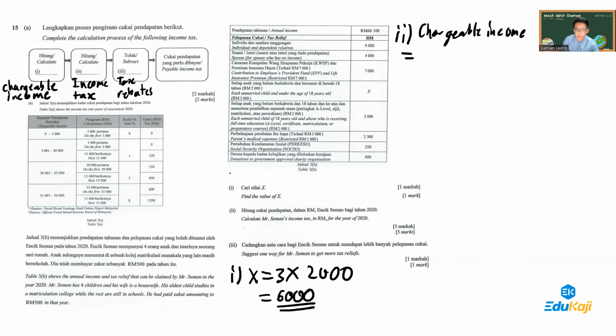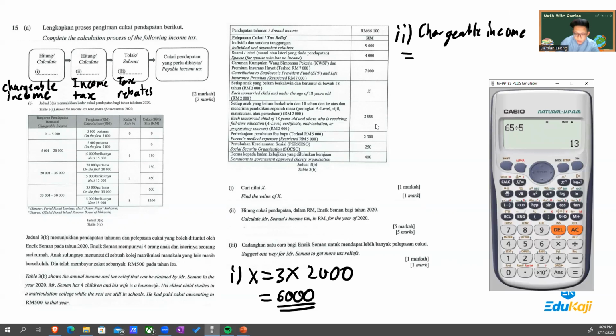So we calculate chargeable income, which is the 66,100, minus 9,000, minus 4,000, minus 7,000.